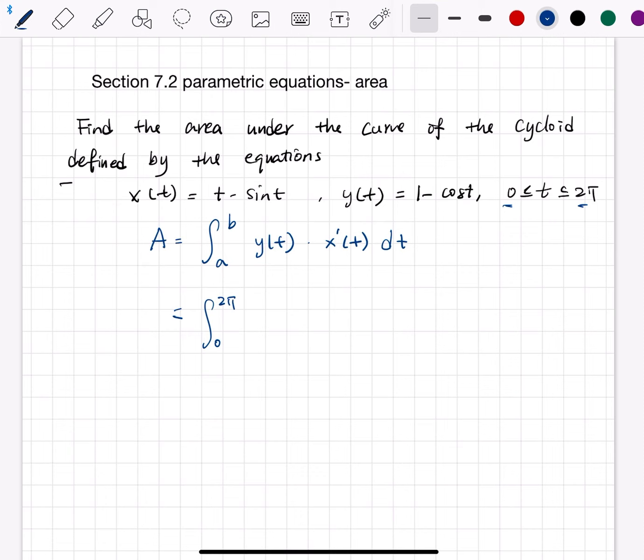The y of t is 1 minus cosine of t, and then the derivative of x of t is just going to be 1 minus cosine of t.